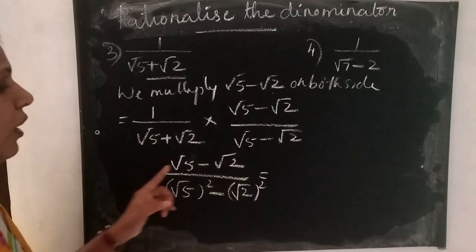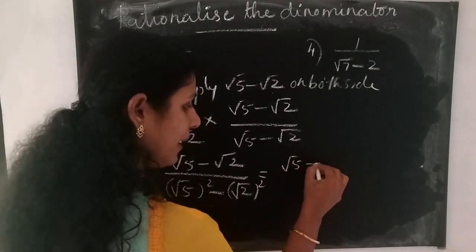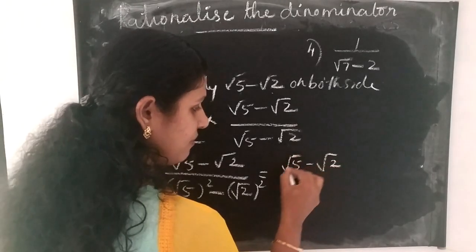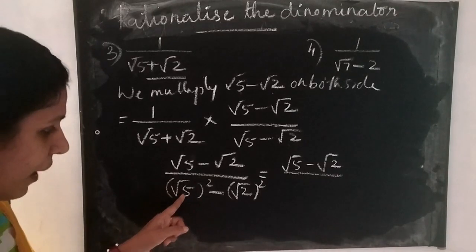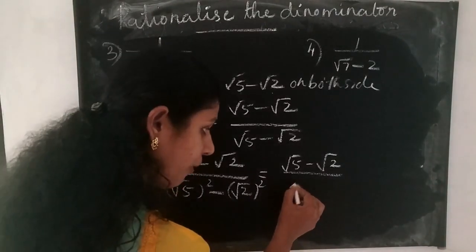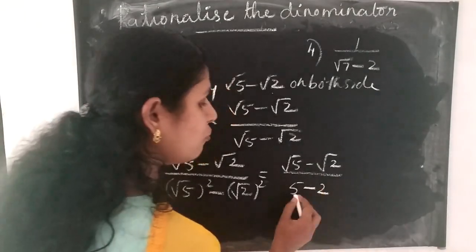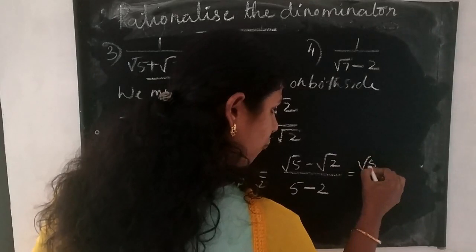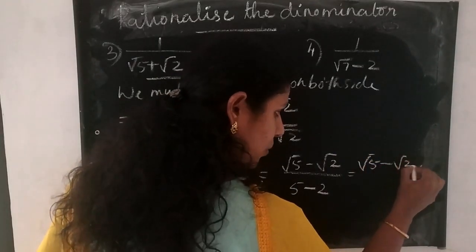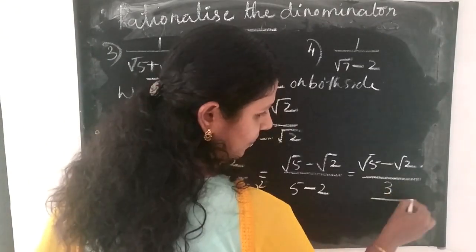The numerator has no change, we write root 5 minus root 2. Root 5 square is 5, root 2 square is 2, and 5 minus 2 is 3. So we write root 5 minus root 2 divided by 3.